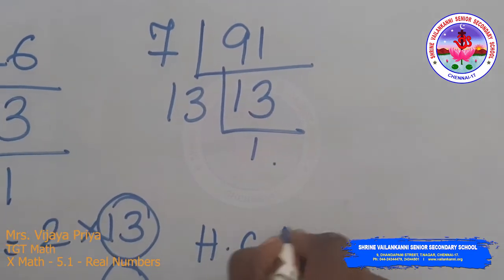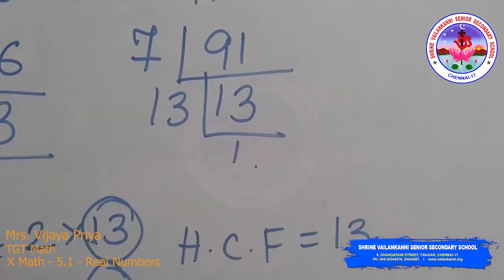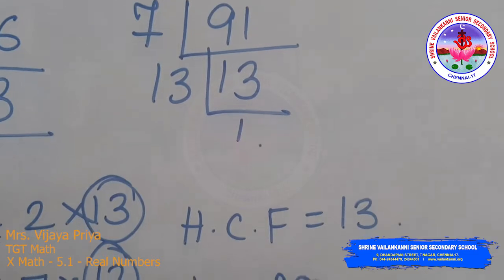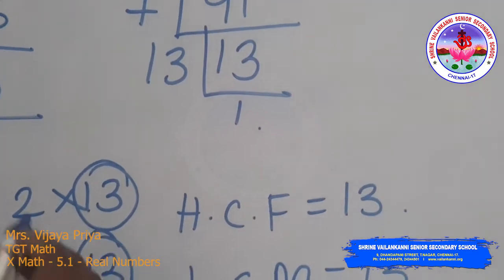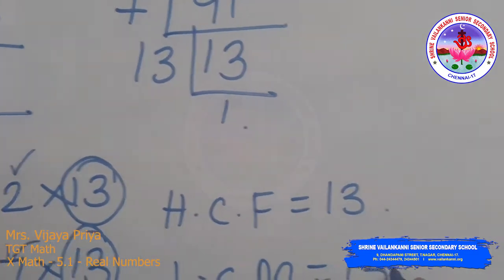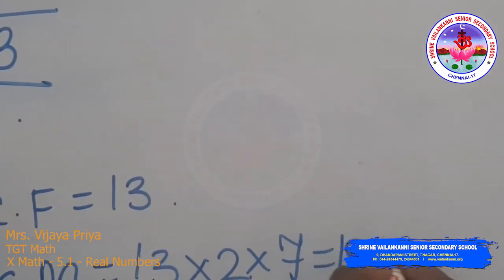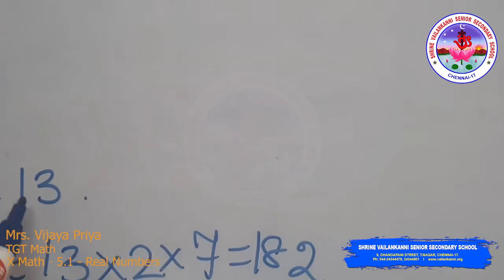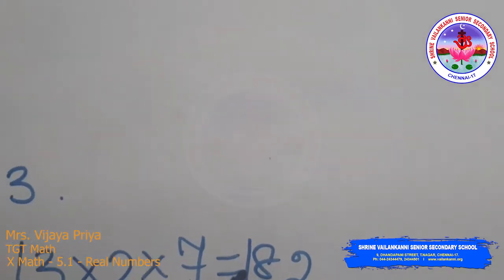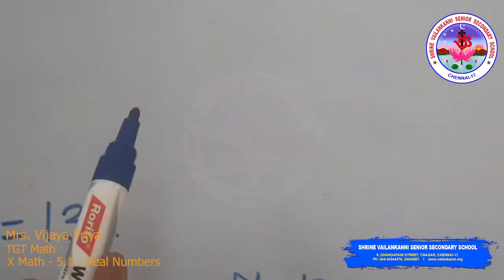So my HCF becomes 13. Now coming to the LCM, along with this 13, we write the other numbers 2 and 7. So 13 into 2 into 7, which is equal to 182. So I found HCF as 13 and LCM as 182 for the following numbers.